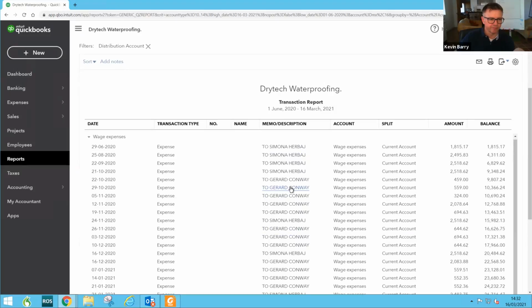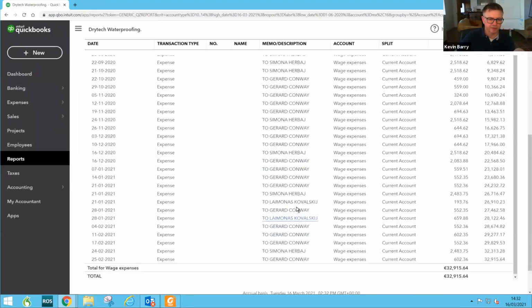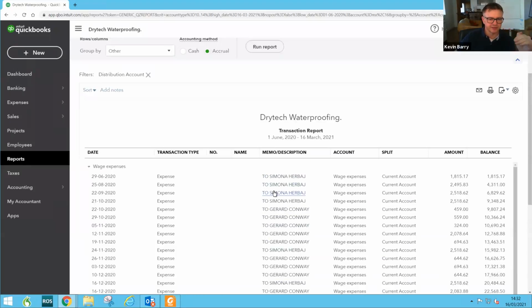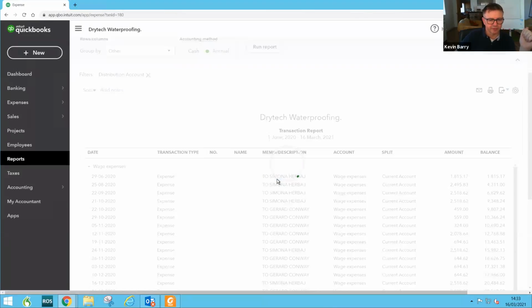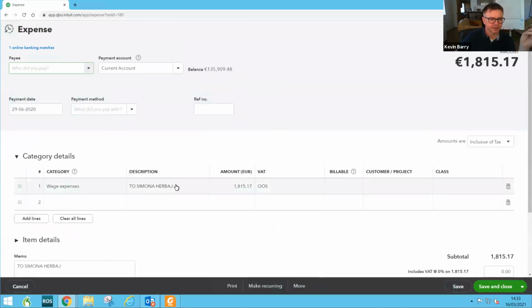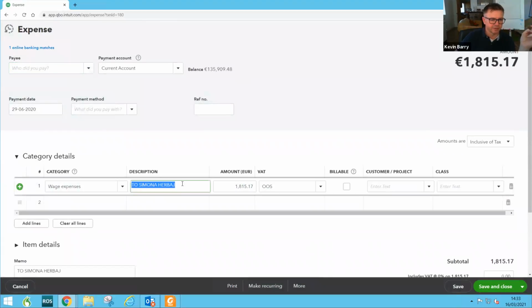Another thing that's worth doing is, when you have different people like that, it's easier to put them into their own place. So Simona Herbage, take her as an example. The VAT rate you applied is correct there.